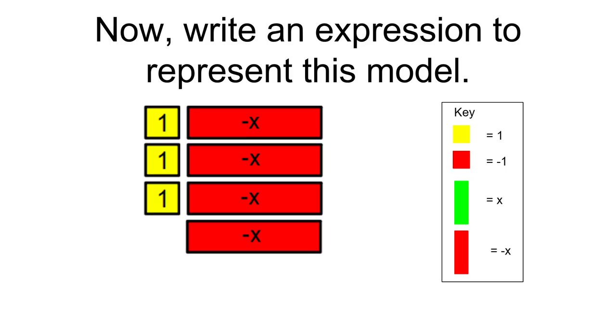Next, it's your turn to write an expression to represent this model. Did you decide that positive 3 yellows equals the whole number 3 and 4 red rectangles represents negative 4x? When we put that together as an expression, there's a few ways that it could look.